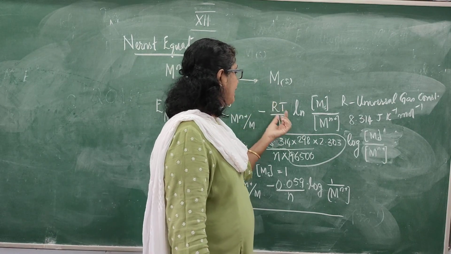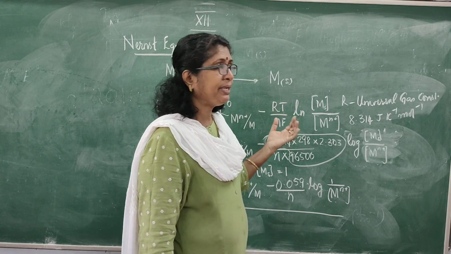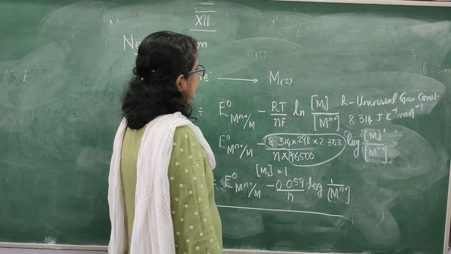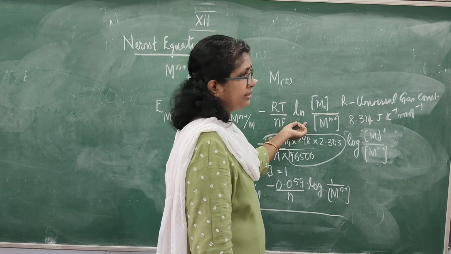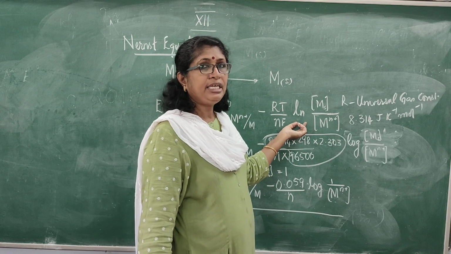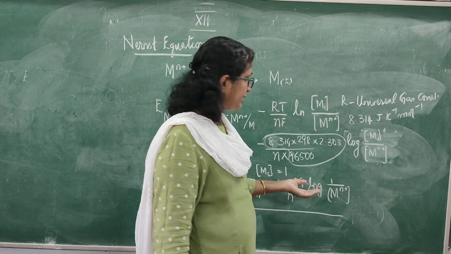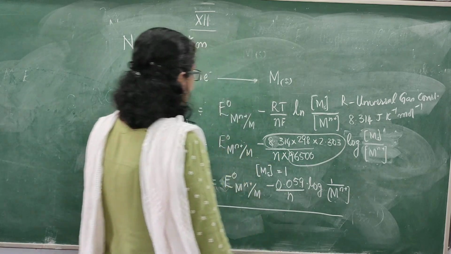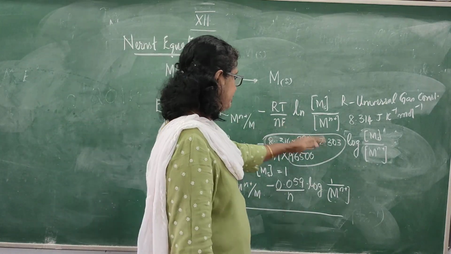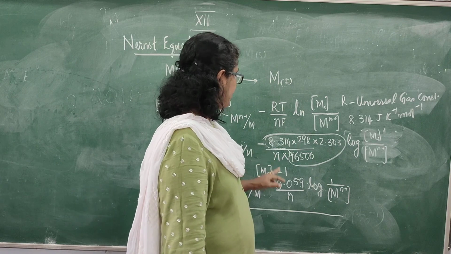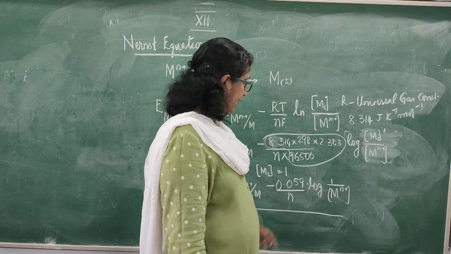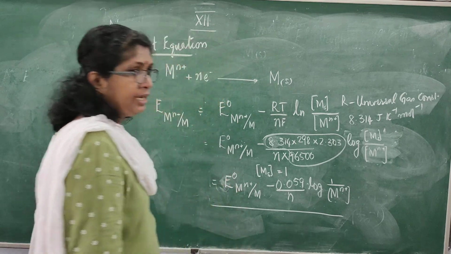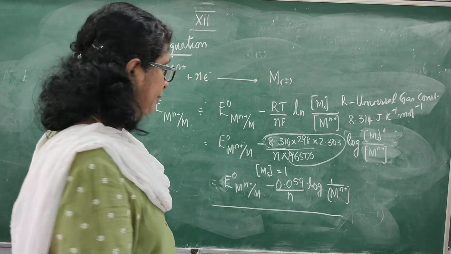Out of this, R and F are constant. If you keep temperature constant, T is also a constant. Then ln is the logarithm to the base e. You have to convert to the logarithm to base 10 by multiplying with 2.303. So if you combine all these constants, you will get 0.059 by n log 1 by the molar concentration of Mn+.